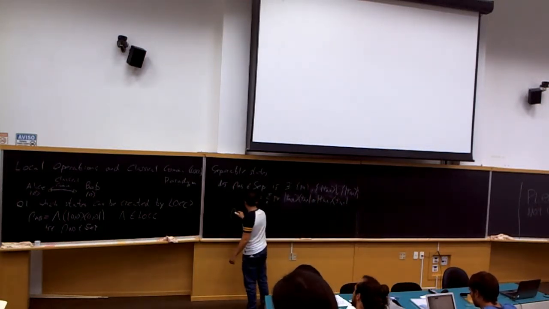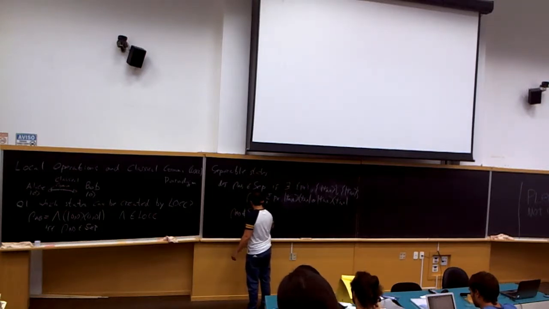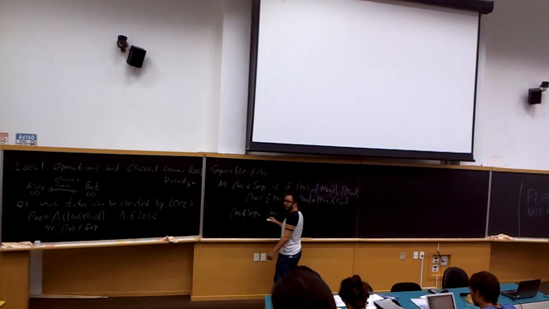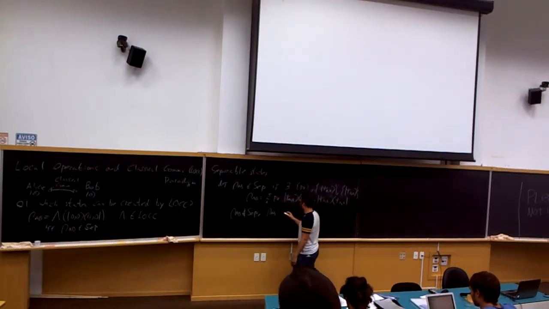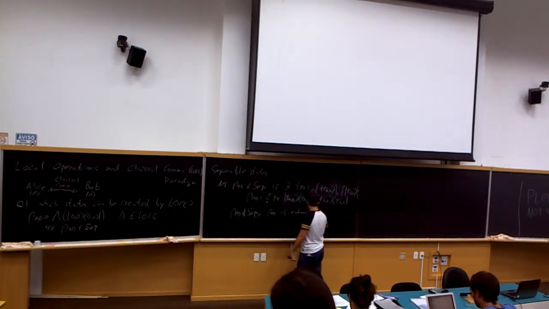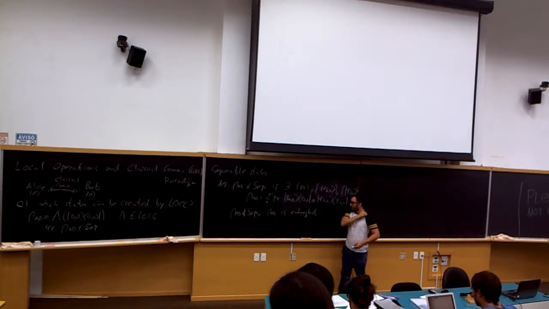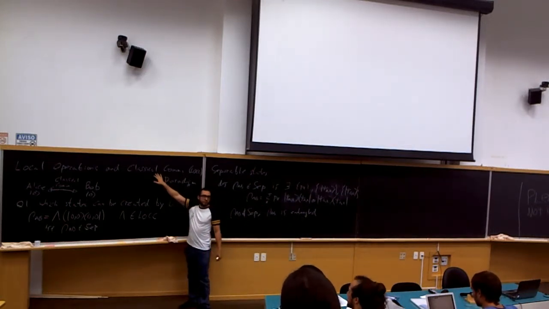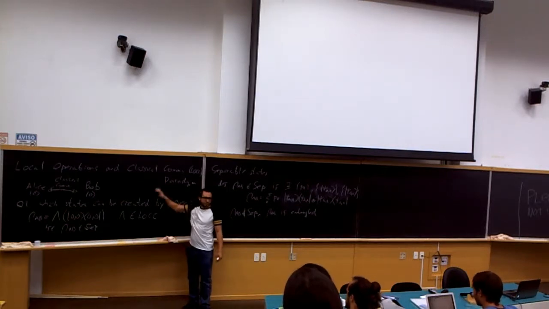There are states which are not separable, and those are exactly the states that we call entangled. So rho AB is entangled. The operational way of defining entanglement is just the set of quantum states which cannot be created by local operations and classical communication.